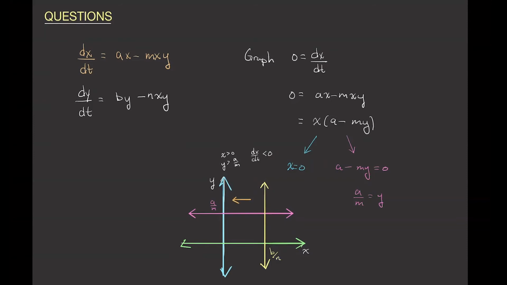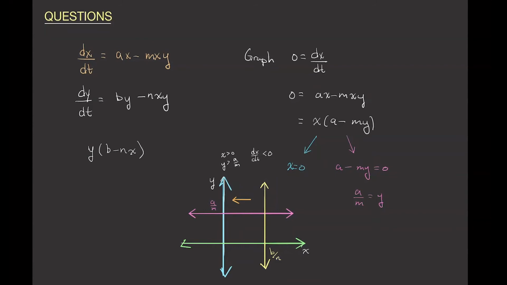And then correspondingly, let's see, if y is greater than a over m and x is positive, what do we get there? So we have by minus n y over b minus nx.